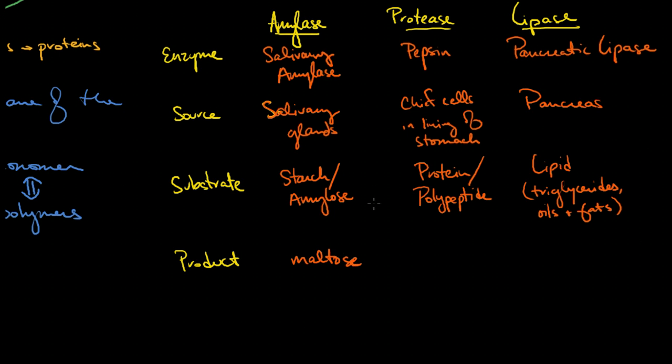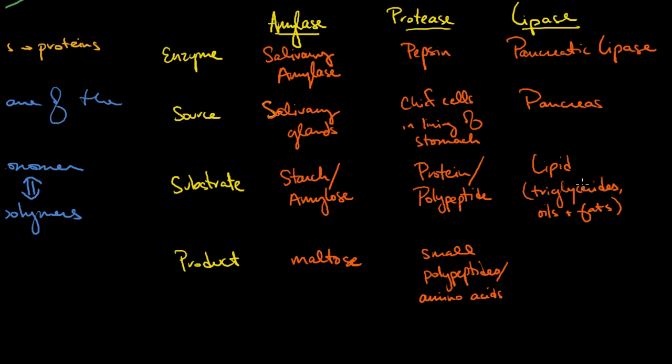We're going to talk about this in the next unit, but starch is a polysaccharide, maltose is a disaccharide. The protease breaks the proteins into smaller polypeptides, and sometimes even individual amino acids.